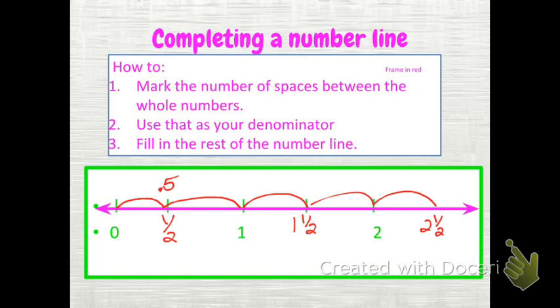Then what's 1.5 as a decimal? 1.5. And 2.5 is 2.5. So now if I asked you where 1.5 was on the number line, you could easily identify it. It would be here. If I said what's 1/2 on the number line, you could easily identify it. It's right here. Okay? So for each one, we wrote the fraction and the decimal.